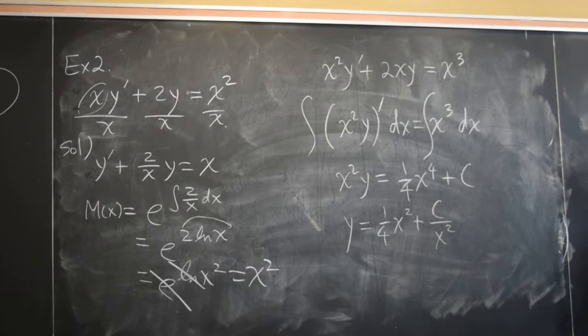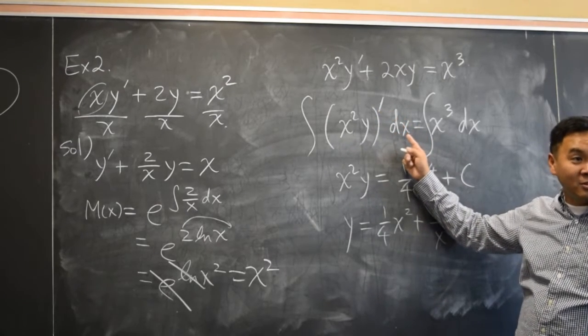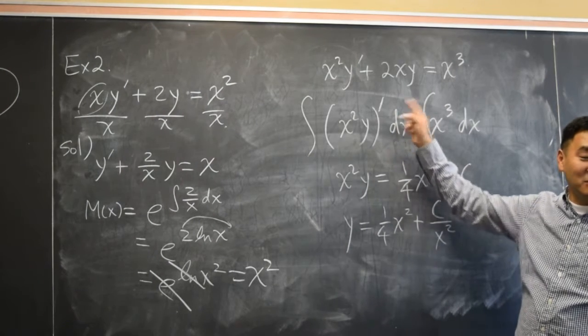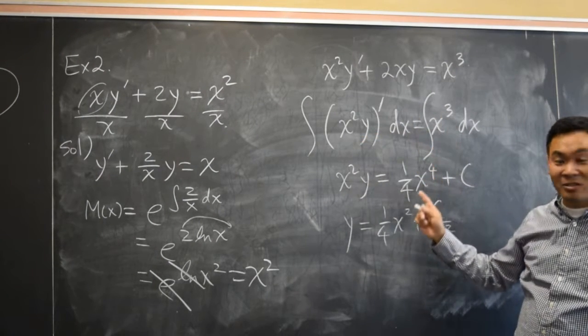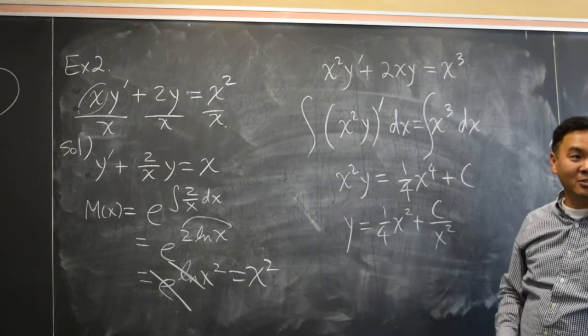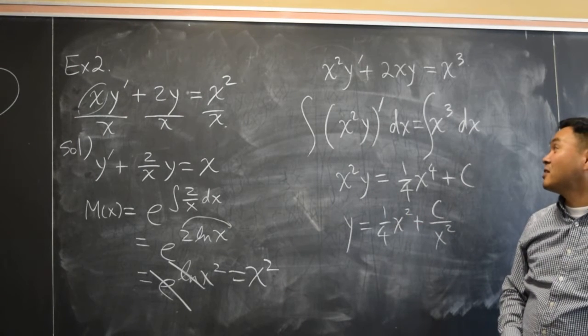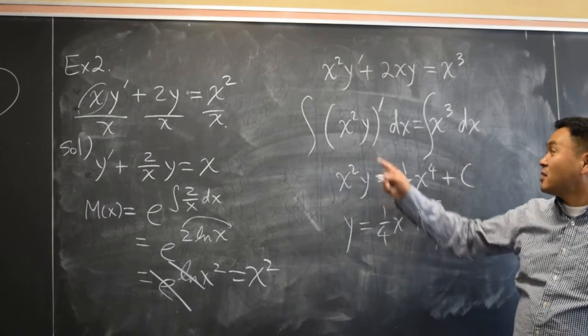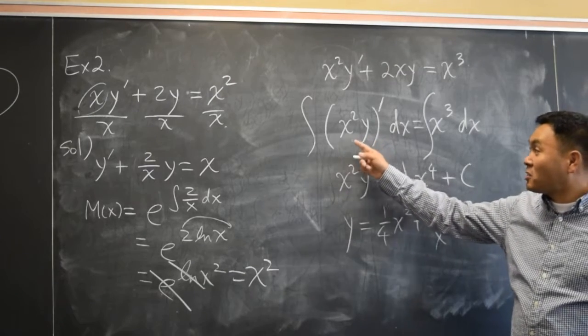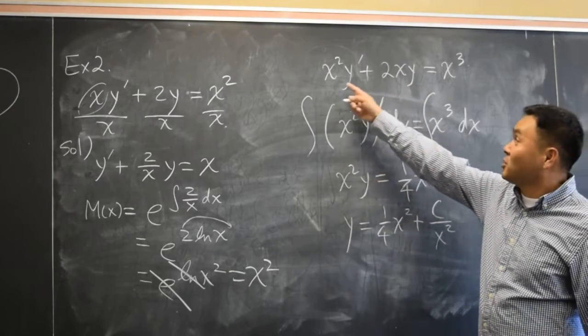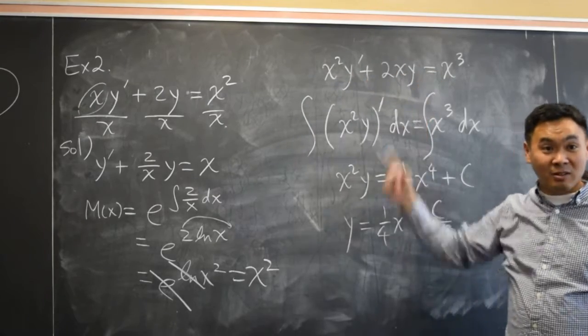Okay. Wait, where did the prime thing go? This prime cancels with integration, right? Oh, it does? Yeah, if you differentiate and integrate, they cancel. And if you actually apply the product rule to x squared y, you really do get this on the left side.